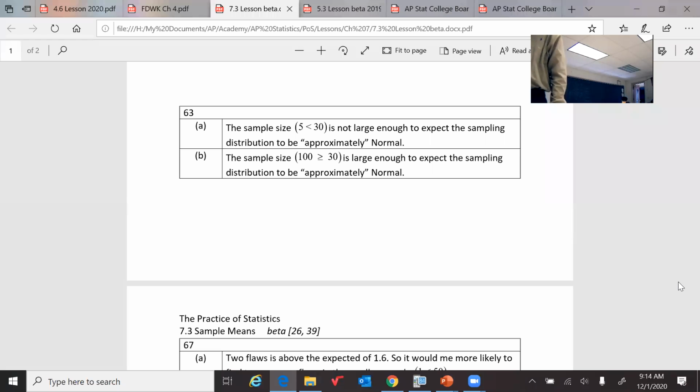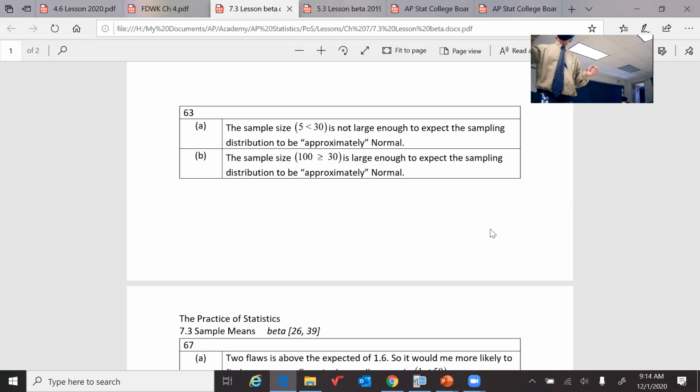For 63, and again, it's the same data set as yesterday about the songs on the iPod. If you take a sample of size 5, the population distribution is skewed to the right. So you have these outlier songs that are really long.